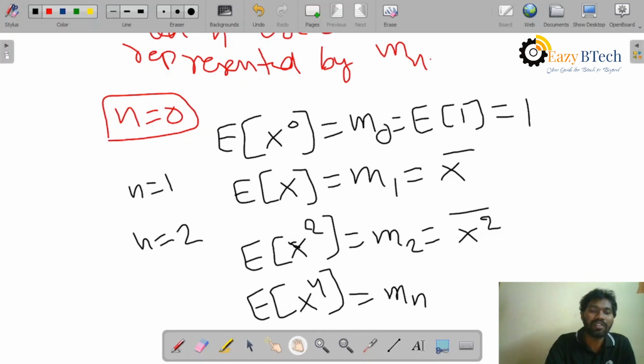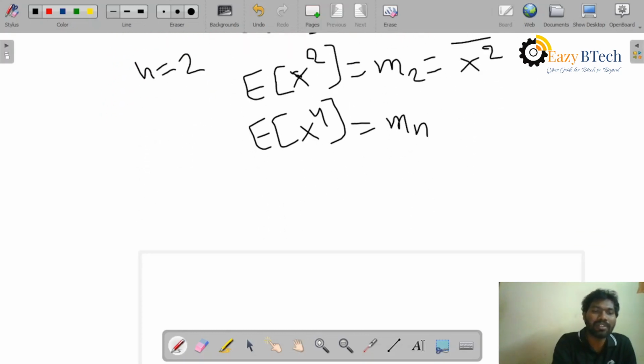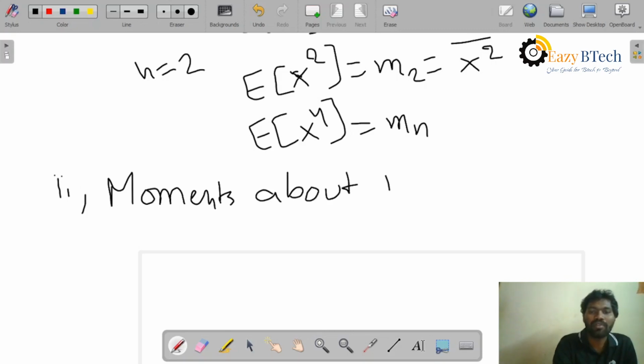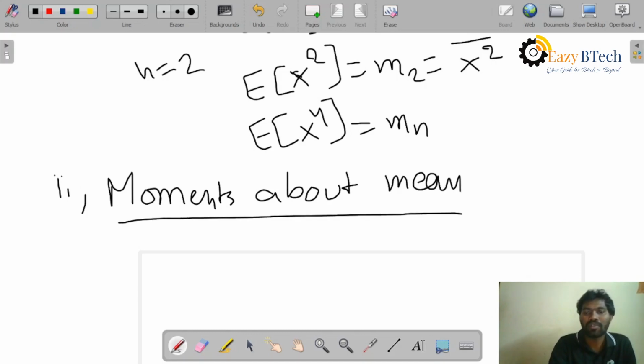Coming to the next concept, the second one is moments about mean. These are usually represented by mu n.